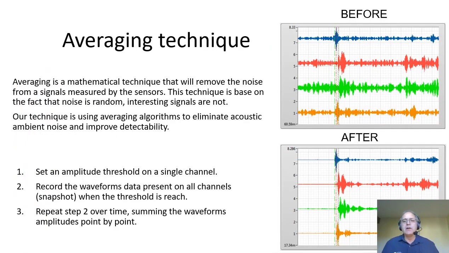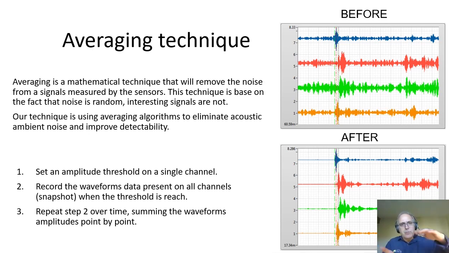So how do we do it? We use a technique that is called averaging. And the averaging technique is based on the fact that the noise is random. So it is random over time. Sometimes the noise gets positive, sometimes it gets negative, sometimes the amplitude is high, sometimes it's lower.